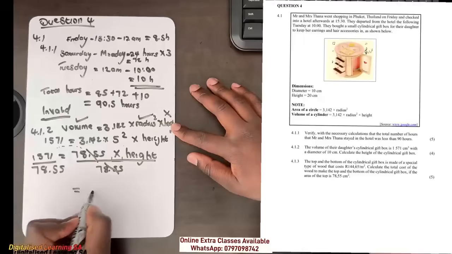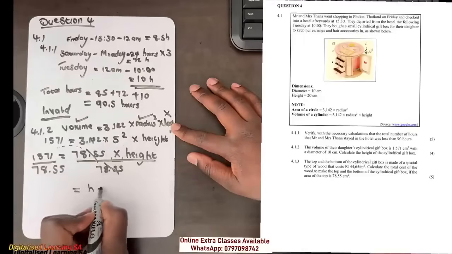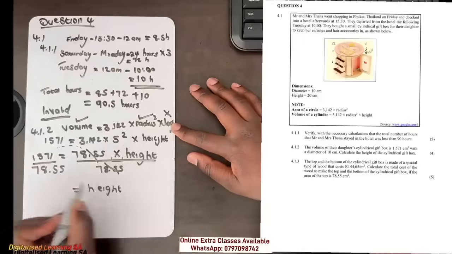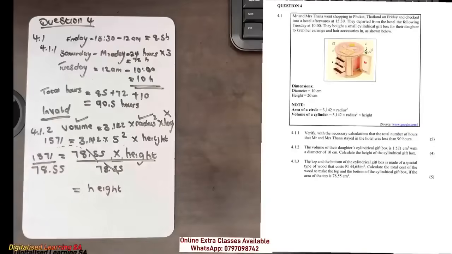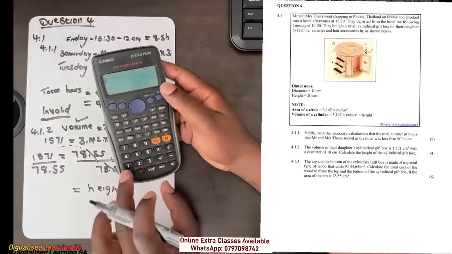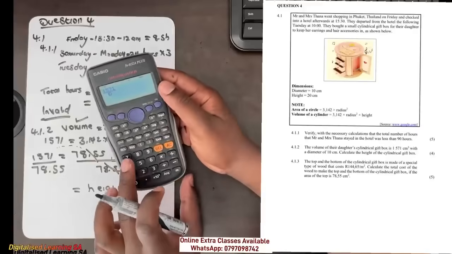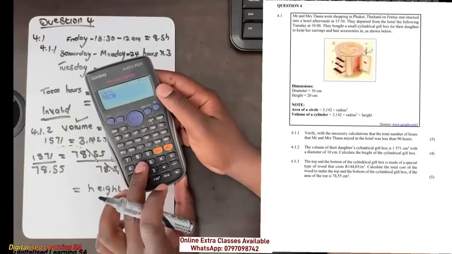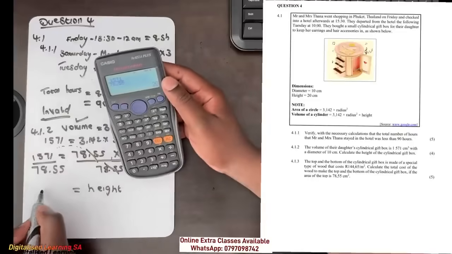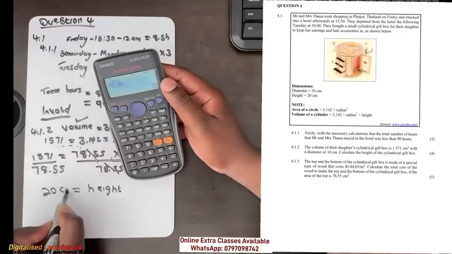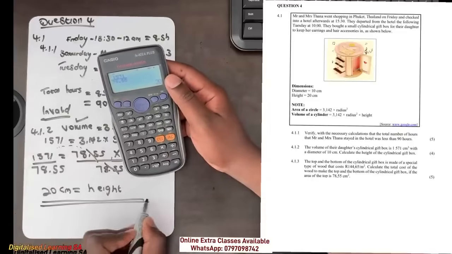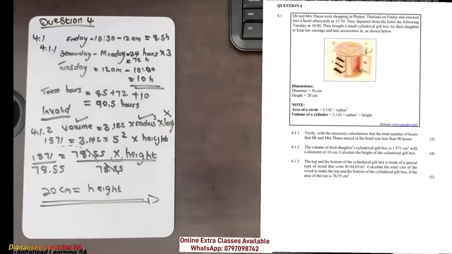And now on the right hand side, we'll be left with our height. And then now we will just divide the two to get our height. So we'll say 1571 divided by 78.55, and our height will be 20 centimeter. And then there we go.